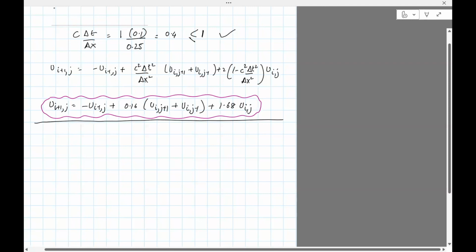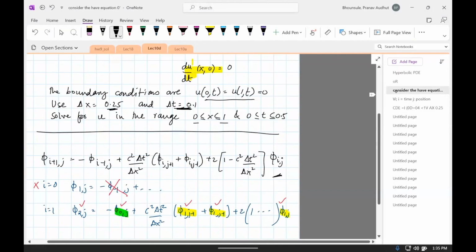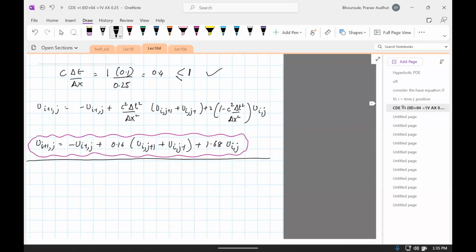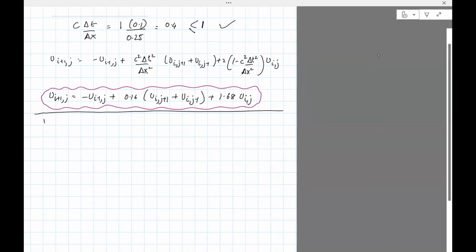As I said earlier here, you cannot use it for i equals 0. You can only start with i equals 1. So let's start with i equals 1. When you do that, we have u 2j equals minus u 0j plus 0.16 u1 j plus 1 plus u1 j minus 1 plus 1.68 u1 j.